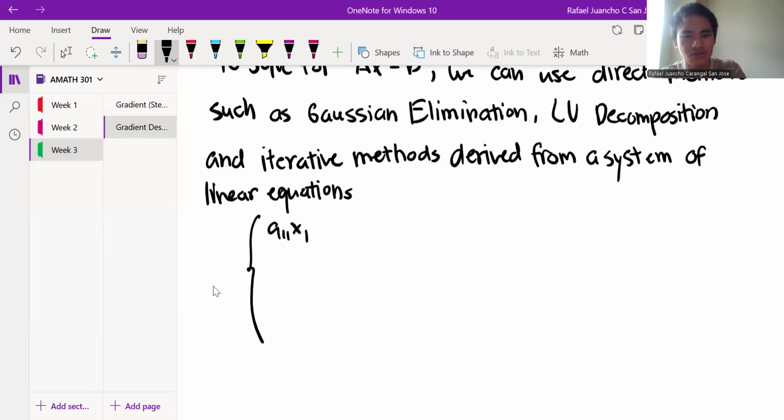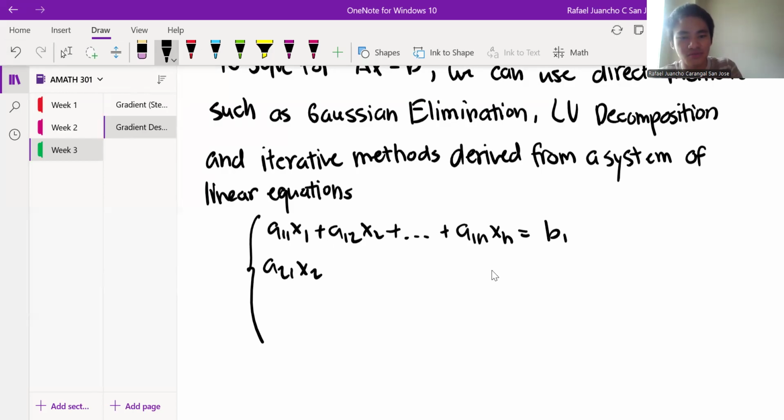A11 x1, A12 x2, all the way to A1n xn equals b1. A21 x1, A22 x2, all the way to A2n xn equals b2.